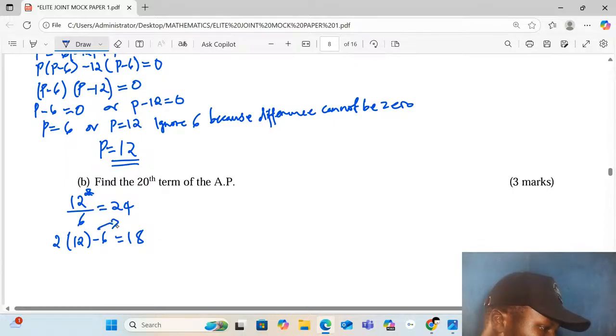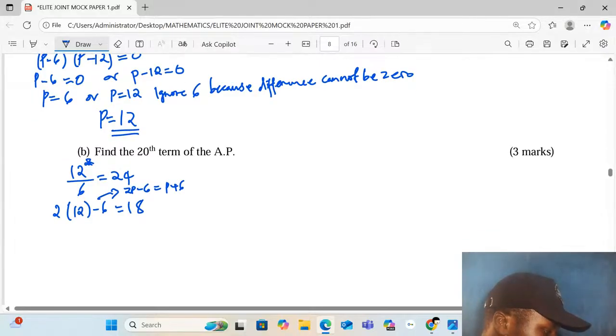This is how we got this one. We have 2p minus 6 is equal to p plus 6. Remember, our p is 12. So 12 times 2, that is 24. Now minus 6, then p is 12, 12 plus 6, you get what? 18. So our 24.